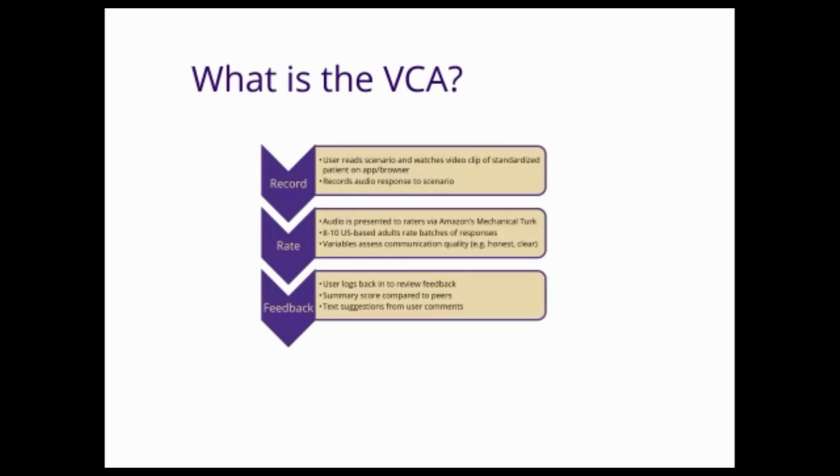And then we ask the residents or whoever's using the program to provide audio of how they would respond to that patient. That audio is then sent to 8 to 10 US-based adults using the Amazon Mechanical Turk platform. And then the raters assess, and the user logs back into the app to look at their feedback.